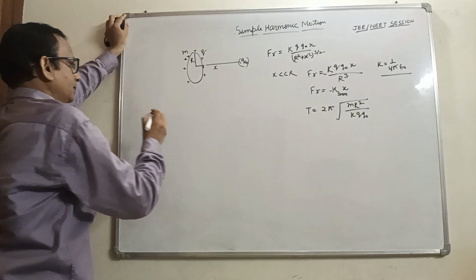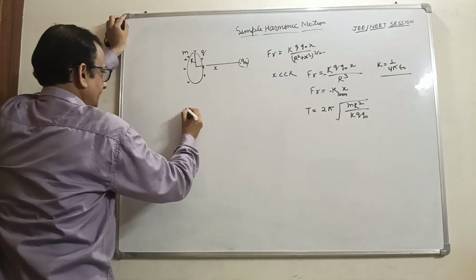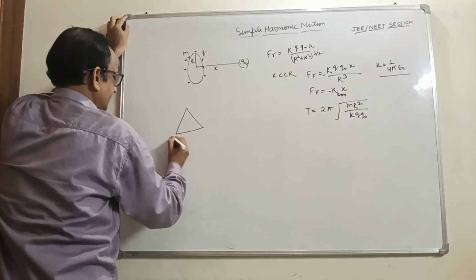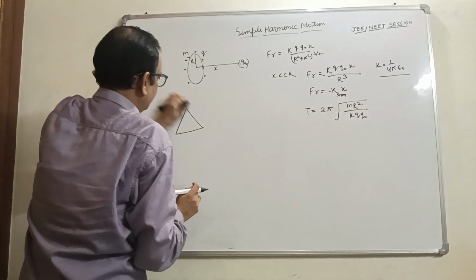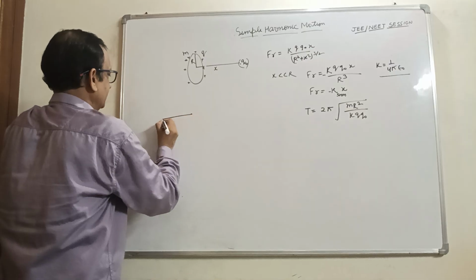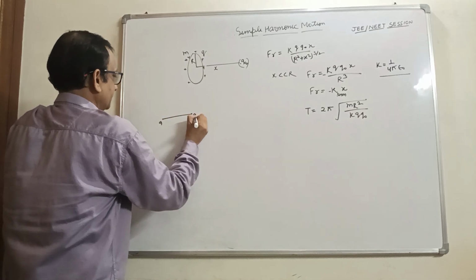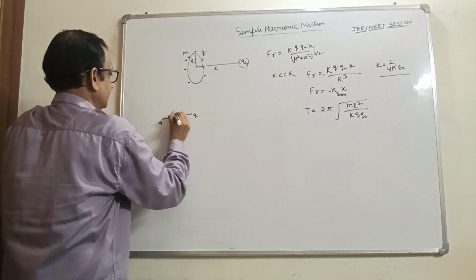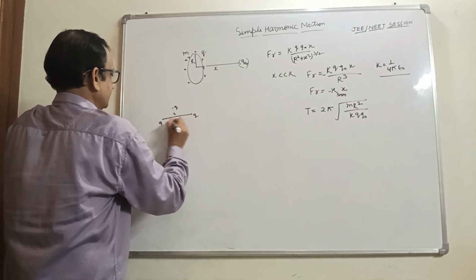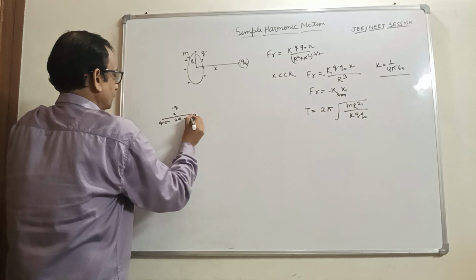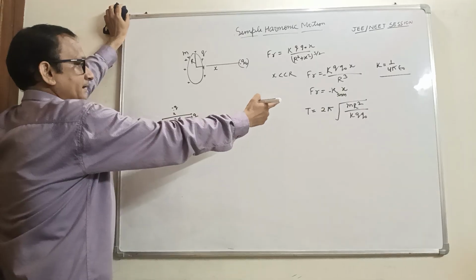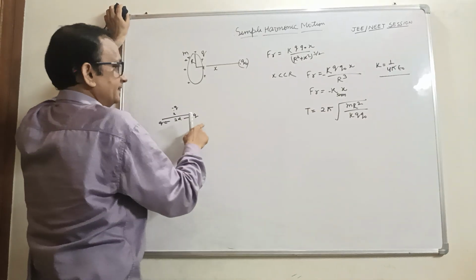Now if we have an equilateral triangle, suppose we have two charges here, plus q charge and plus q charge, and a minus q charge is displaced here, and this is 2d distance. So we have to find the time period.